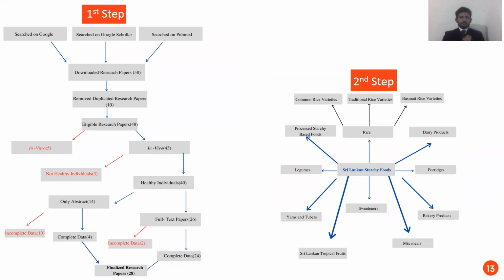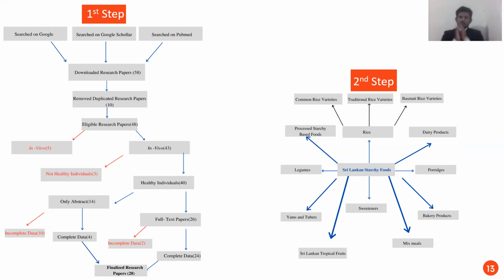As a first step, I filtered all downloaded research articles under these criteria, and I finalized 28 research papers, which include abstracts, extended abstracts, and full-text papers.